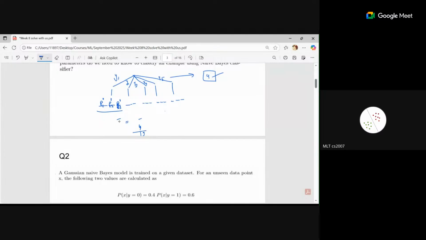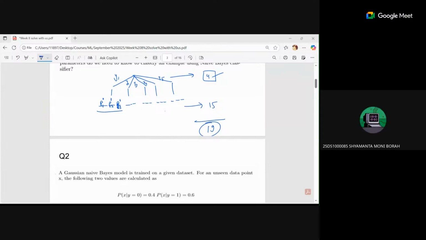So you have 3 features. So you have 3 into 5 because there are 5 such cases, which is 15. So 15 from here is what we need. Now the total number of parameters that we will need is 19, right?